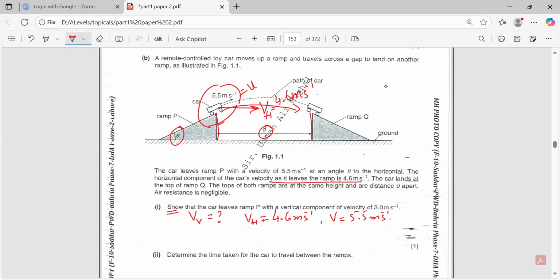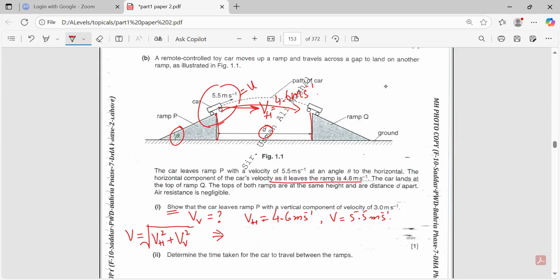So we are pretty aware that we can find the velocity from the formula V equals the square root of the square of the horizontal component plus the square of the vertical component. So we will be using this formula to solve it.